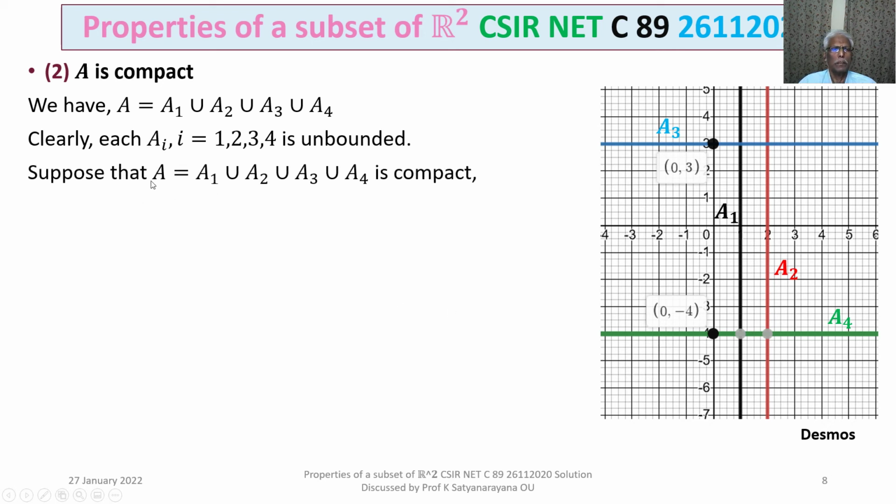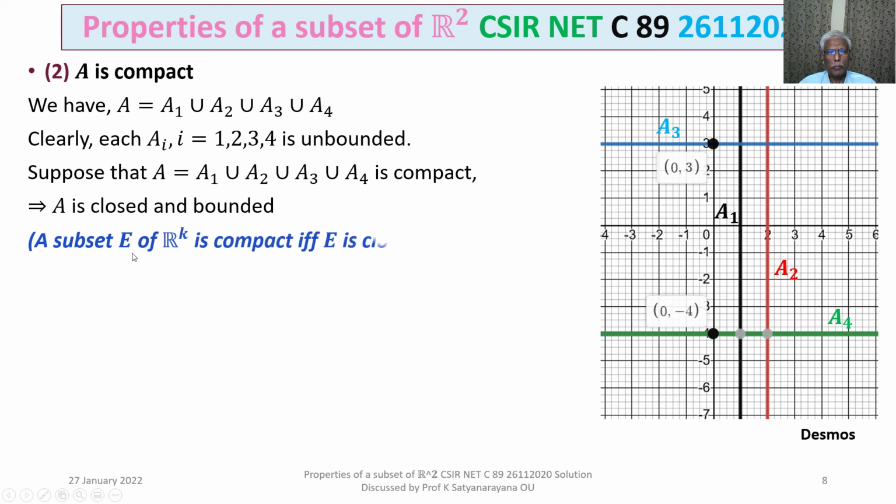Suppose that A, equal to A1 union A2 union A3 union A4, is compact, where we are in R square. In R power k, a subset of R power k is compact if and only if it is closed and bounded. So this implies A is closed and bounded. Why? Because a subset E of R power k is compact if and only if E is closed and bounded.